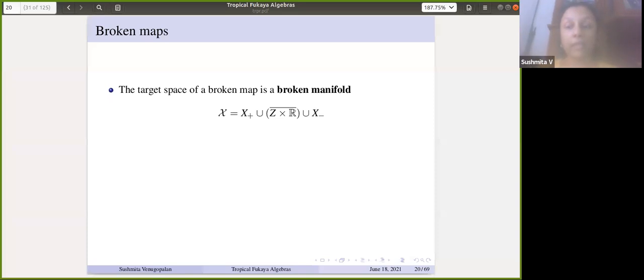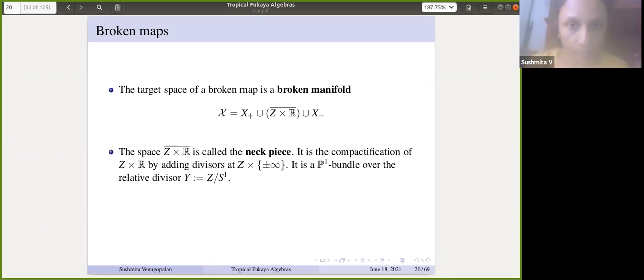So now we are finally in a position to define what a broken manifold is. So in case of a single cut, the broken manifold consists of X plus and X minus and the neck piece Z cross R compactified at minus and plus infinity. So Z cross R is called the neck piece.